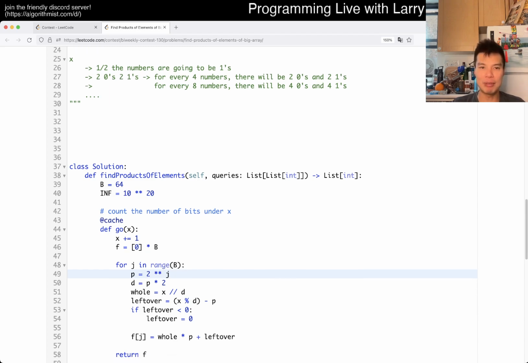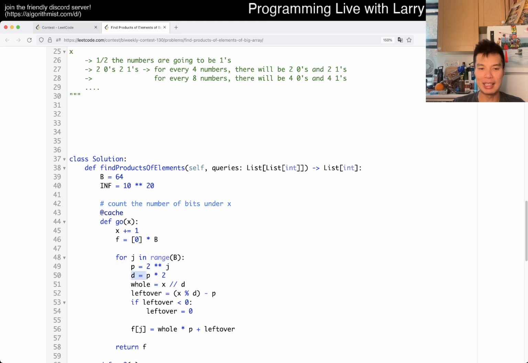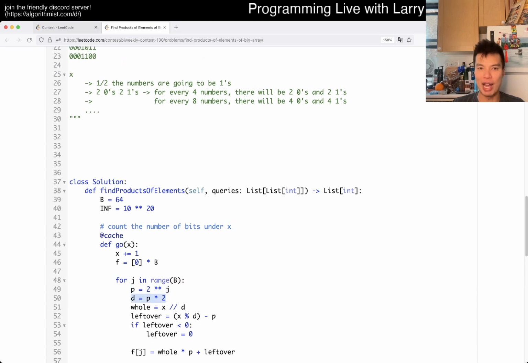So for example, if p is equal to the 1 bit, then the total part, for every d number, and I'm doing this to match my variables, there will be p zeros and p ones, right?